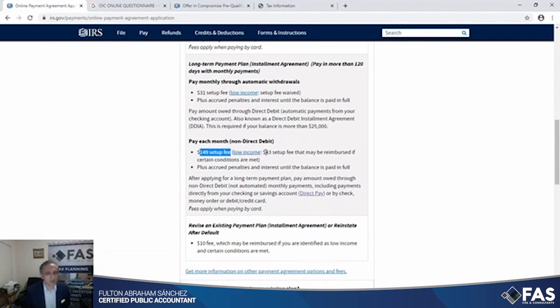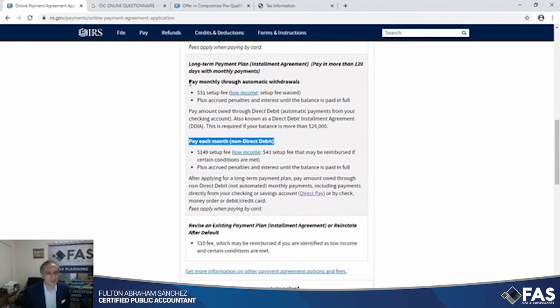If the person is low income, depending on the family size, $25,000 a year, $36,000 a year, the setup fee is $43. This is if you pay by check or by the automatic option on IRS.gov payments.